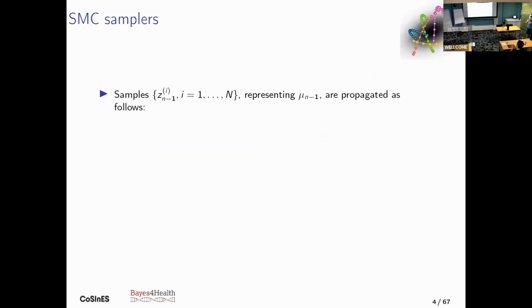So a bit more detail about the mechanism that allows one to propagate the cloud of samples. Let's assume that we've got samples at time n-1 that represent mu n-1, okay? And by representing, what I mean is that I approximate expectations with respect to mu n-1 with those samples. That's what representing means here.